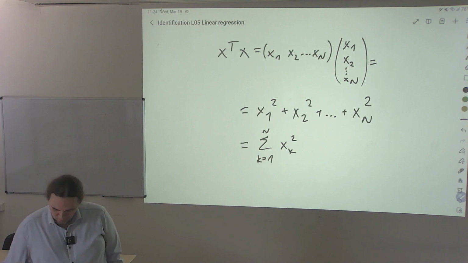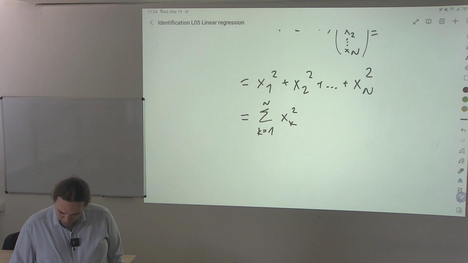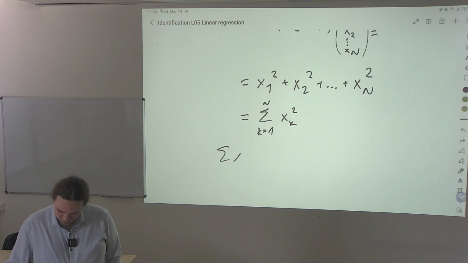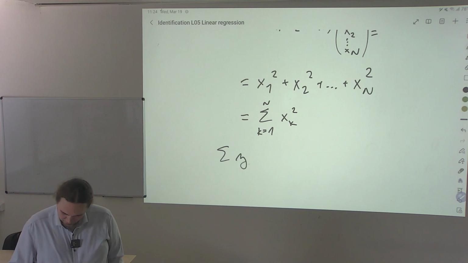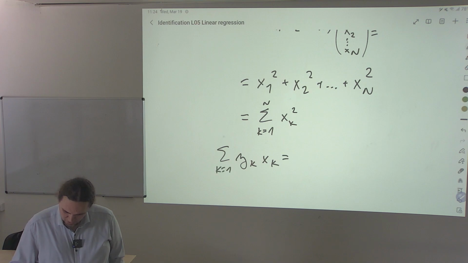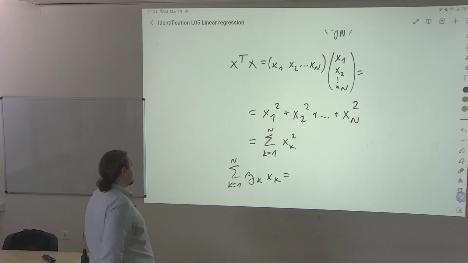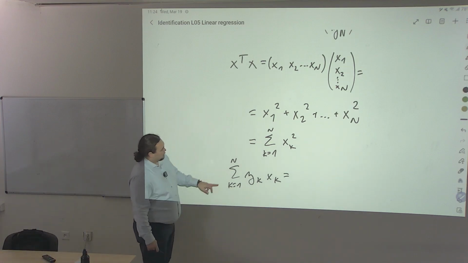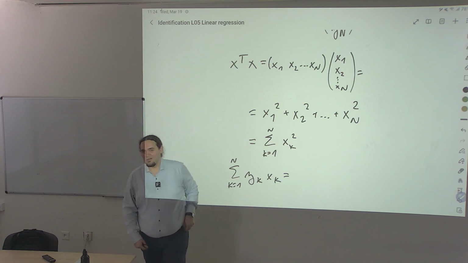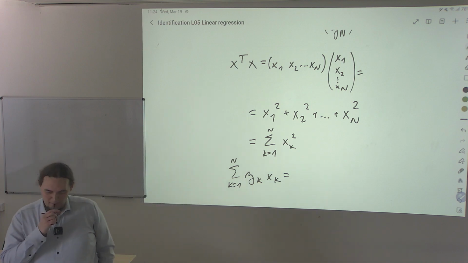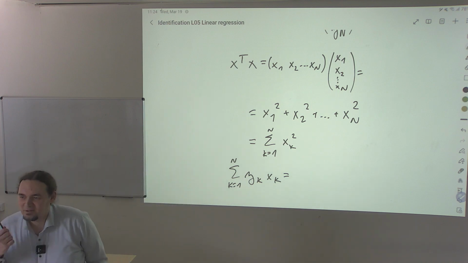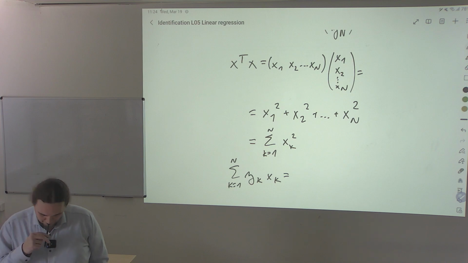So what would be your guess, or no, let's just do the easy one. How can we then transform the sum of yk xk, if we have already seen this one? We transpose one of them, for example, the y.